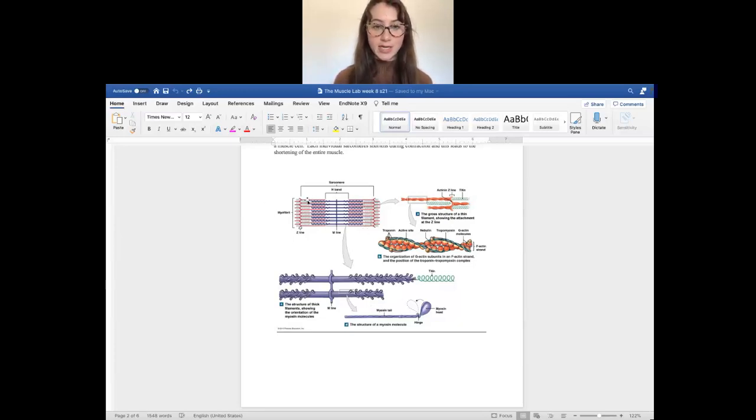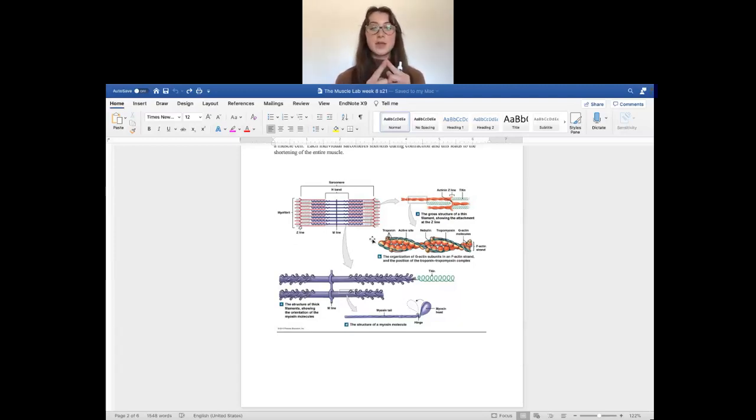If this were to be contracted, we would see that these Z lines right here, where my pointer is, right here and here, are going to get closer together because those myosin heads are pulling actin in. So maybe one sarcomere that you draw is this length, and then the next one that you draw is this length.